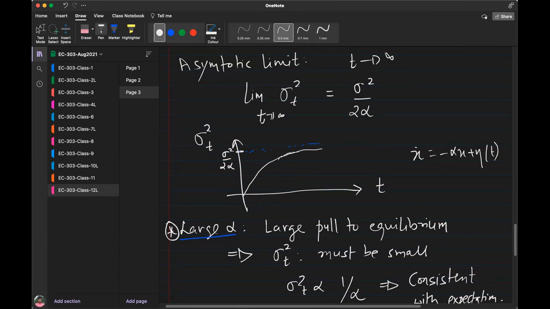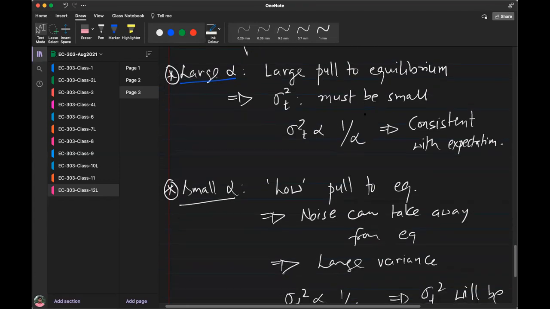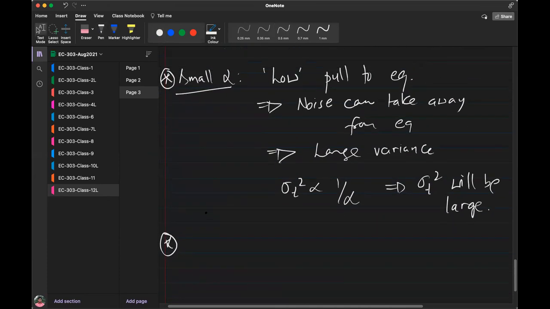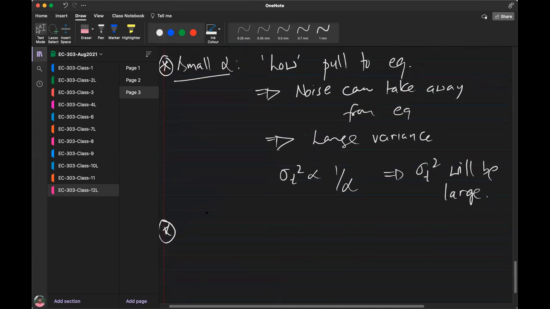I'm not increasing the external environmental noise. What's happening is that alpha is becoming low. Your argument could still be valid: when the pull is very weak, even a small sigma can take you away from the linear approximation limit. So that's an important point. This could mean that we might be deviating from the deterministic limit.